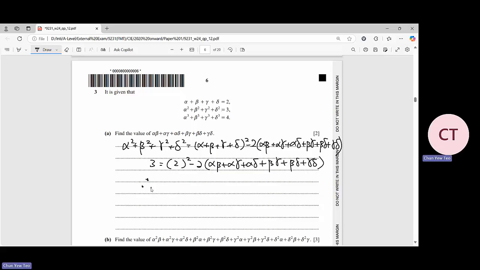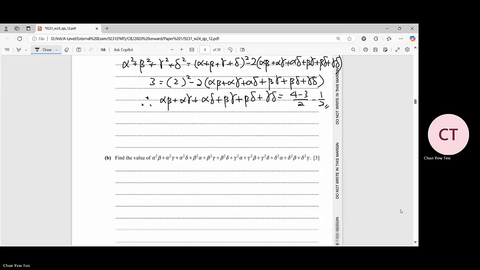So therefore, your answer alpha beta plus alpha gamma plus alpha delta plus beta gamma plus beta delta plus gamma delta is equal to 4 minus 3 over 2, which equals half. That will be the answer for part A. Done.